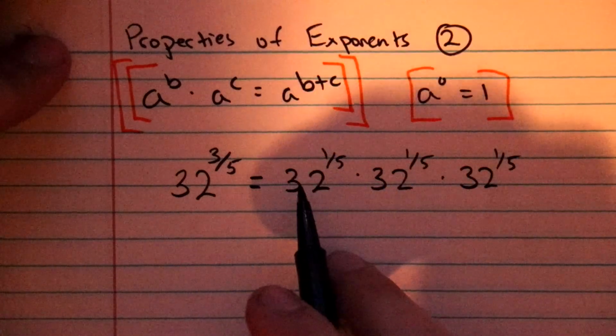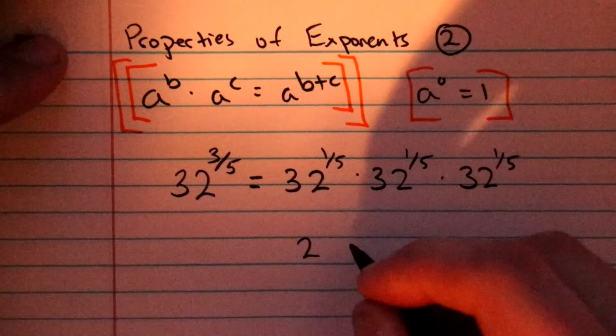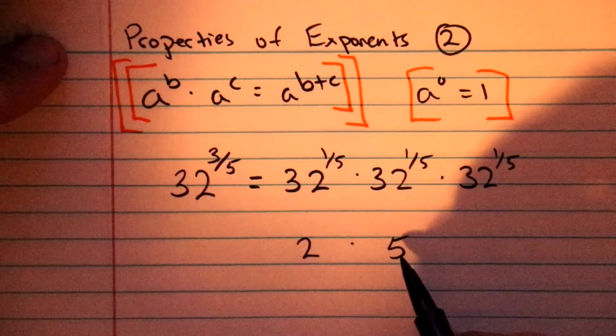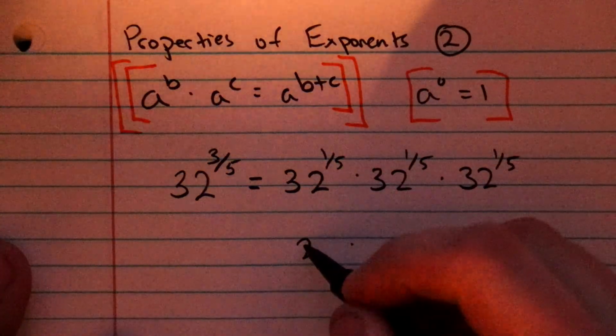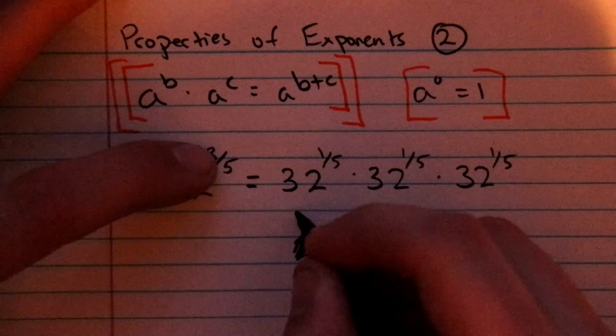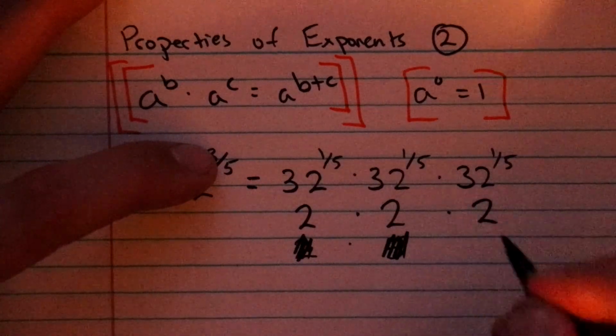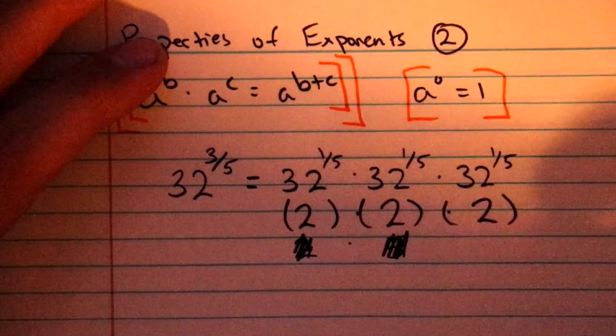But we just justified that 32 to the 1/5 has a value of 2. So what this is saying is that you're going to multiply 2 by itself 3 times.